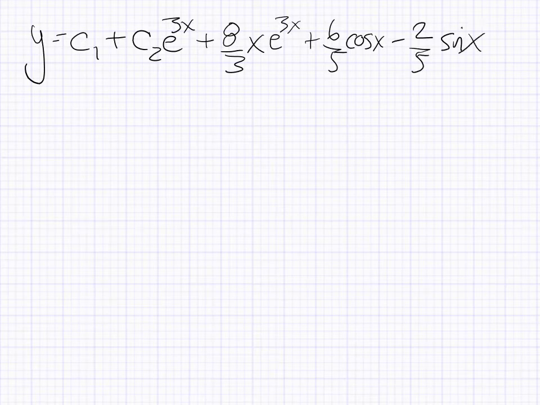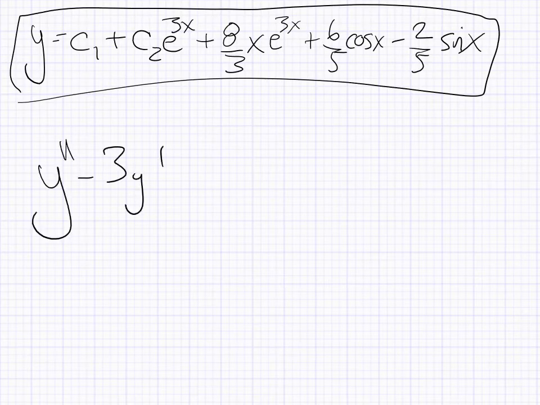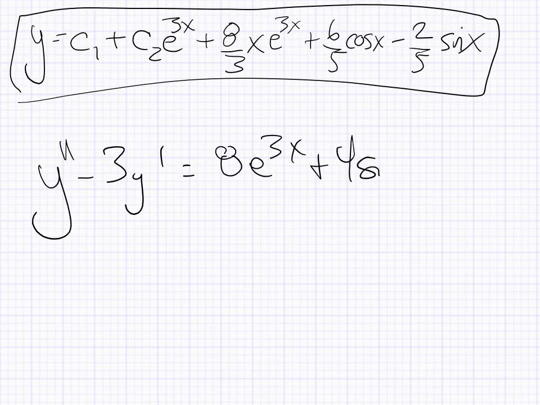So all that solves the non-homogeneous differential equation, which was y double prime minus 3y prime equals, what was it, 8 e to the 3x plus 4 sine x.